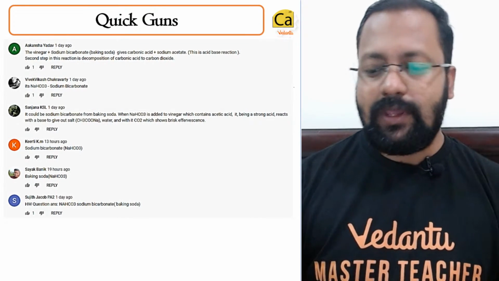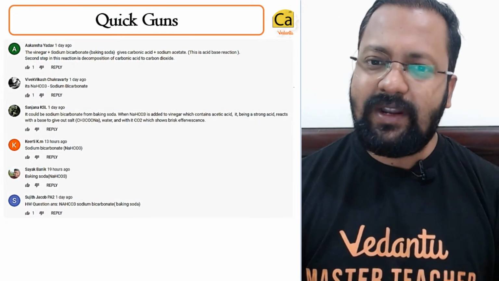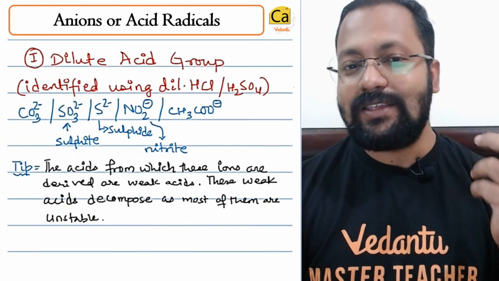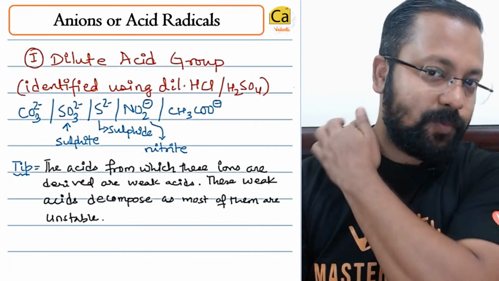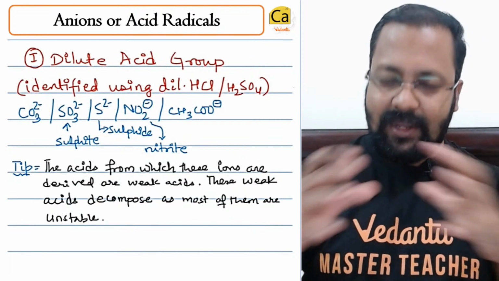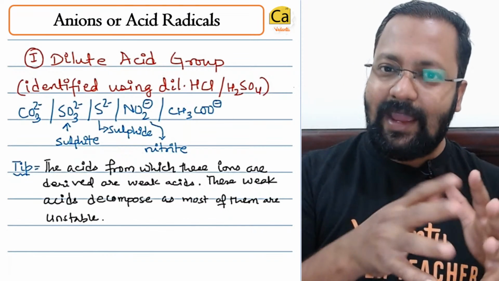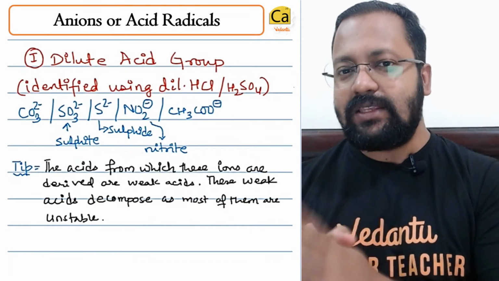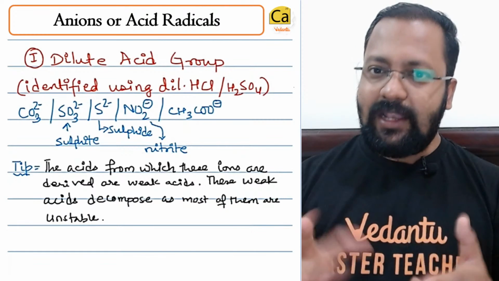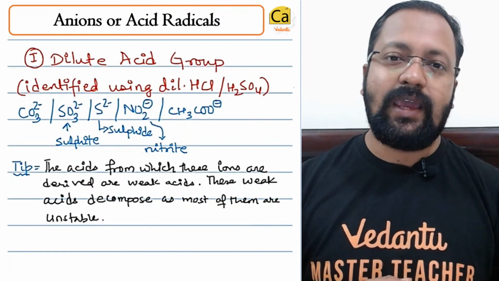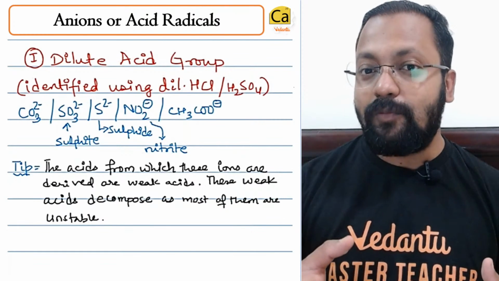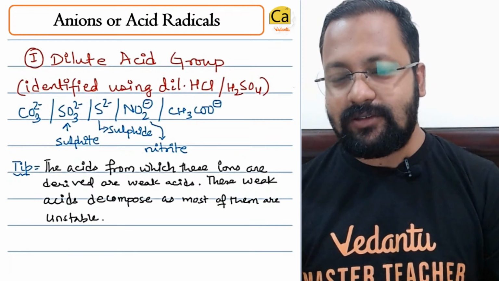Now, in the last class, what did we discuss? In the last class we had discussed the dilute acid group. मैंने आपको बताया था कि अब जितने सारे anions हैं, we divide them into two categories. One is the dilute acid group and one is the concentrated acid group. The dilute acid group includes those anions which are derived from weak acids.